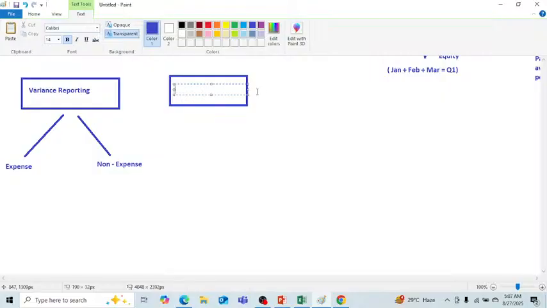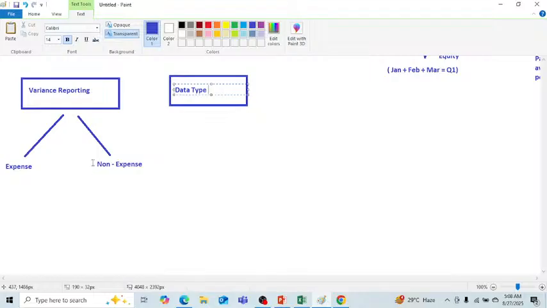So data type. Other important properties are data type, and it defines the type of data the member can hold. For example, currency, non-currency, percentage, as well as date and text. So let me write it.